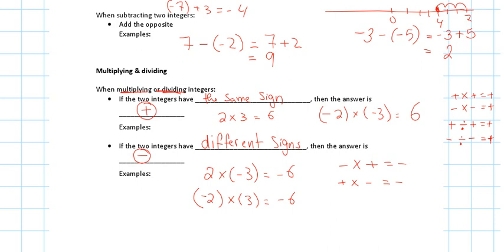A negative times a negative is positive, a positive times a negative is negative, negative times a positive is negative, and a positive times a positive is positive. So remember, if they are the same sign, the answer is going to be positive. If they're different signs, the answer is going to be negative. Are we okay with that?